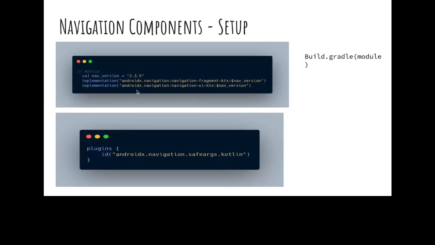Before that, navigation components recommend using a single activity. You should have a single activity and then multiple fragments for your app, or you can have each activity contain its own fragments. It's not a must, but it's highly recommended if you have an app with many parts.